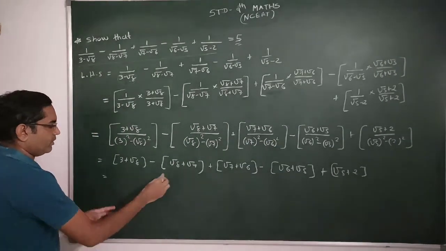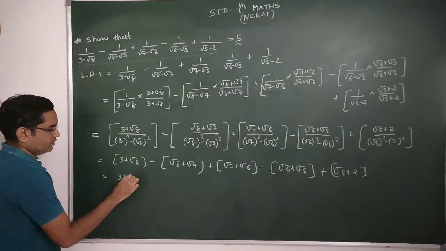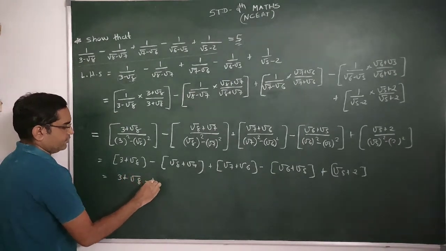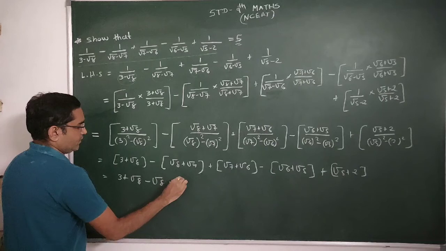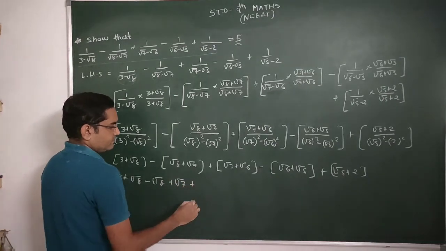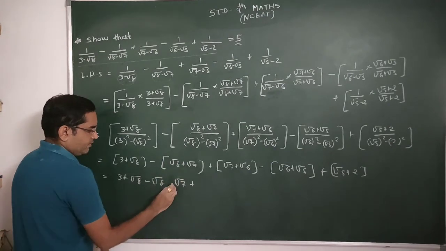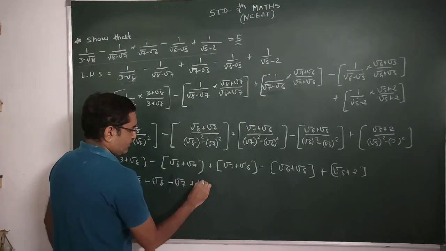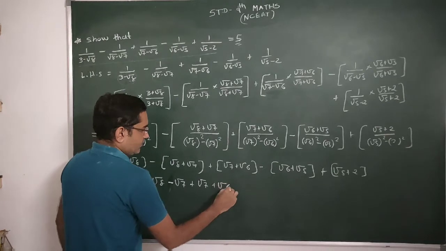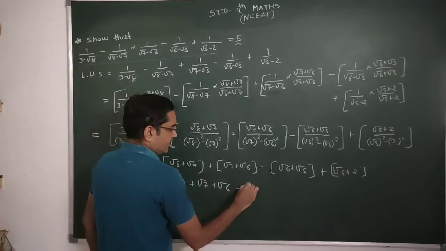So this is equal to, now open this bracket. It's 3 plus root 8 minus root 8 plus root 7. So here we are opening the bracket, it will be minus. So it's plus root 7 plus root 6. Opening this bracket, minus 7 will be there.